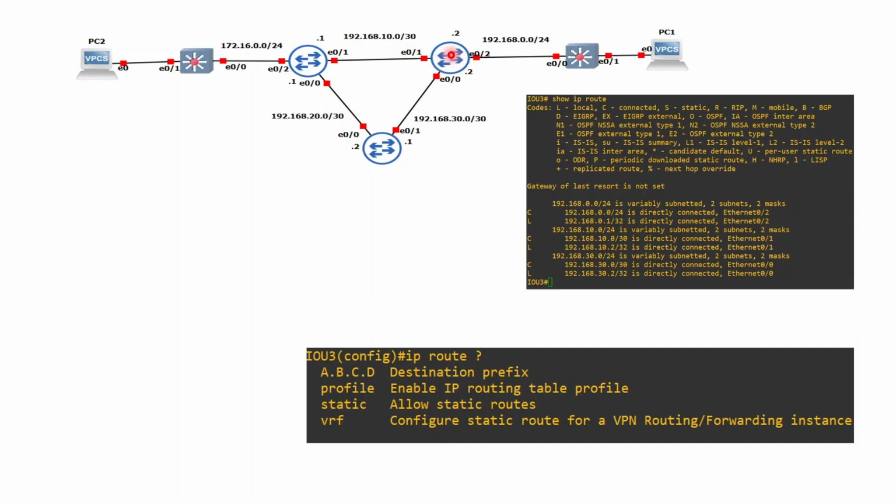This router is connected to this network, 192.168.10.0, via interface Ethernet 0/1, as the routing table tells us. And that is a very simple way of learning this routing table.